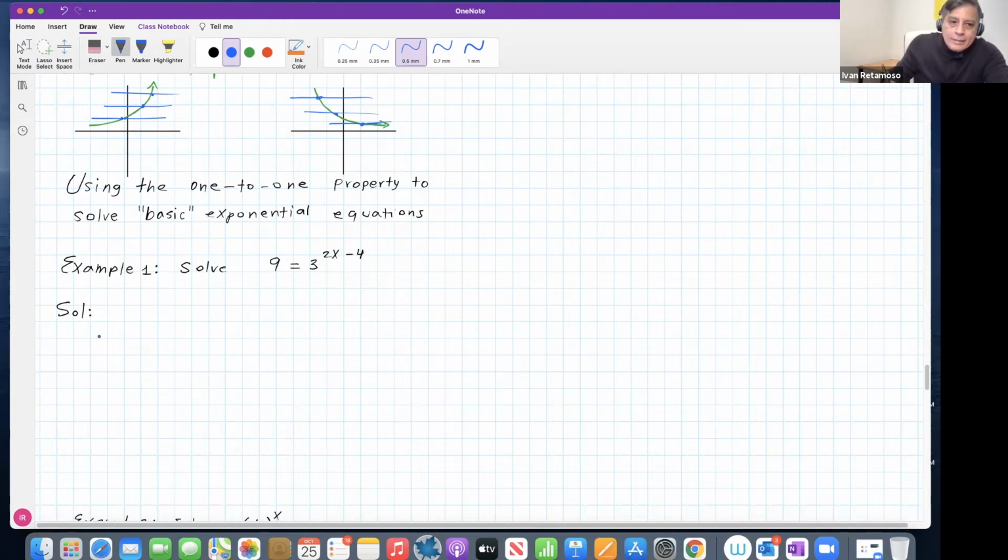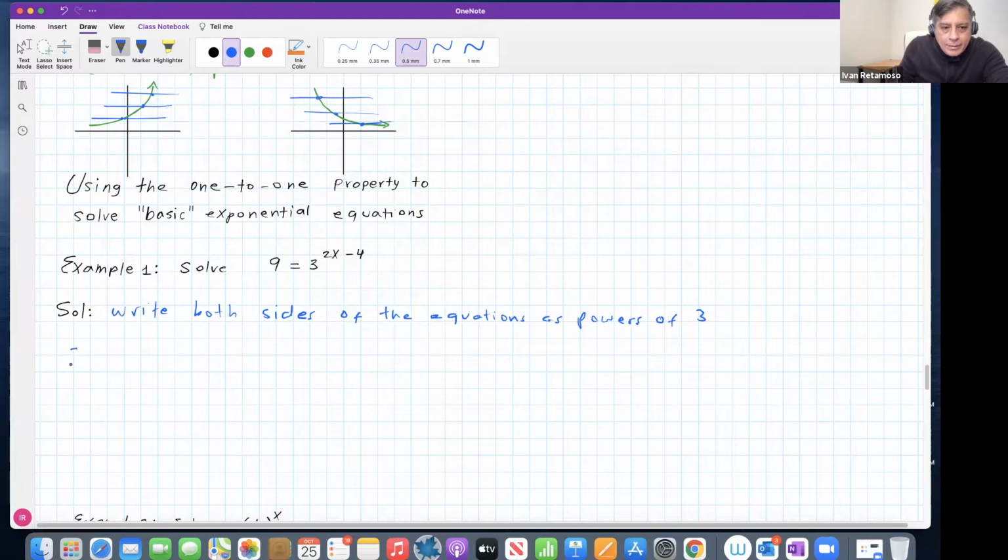So the strategy is this, write both sides of the equation as powers of one number. Look, this is 3, this is 9. We know that 9 is 3 squared, right? So let's write everything as powers of 3.